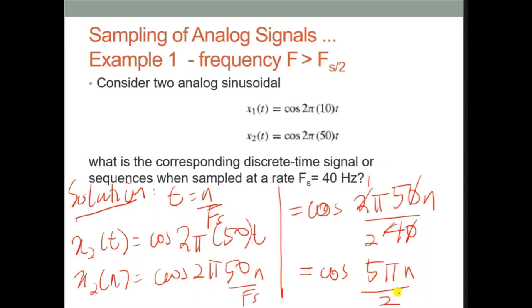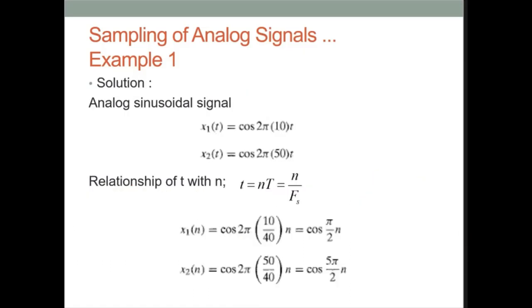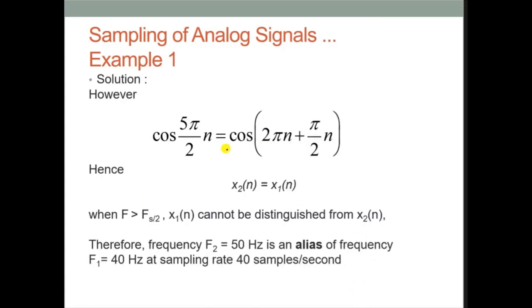So this is x2(n), and you have your discrete time signal. But look closely at x2(n). Cos 5 pi over 2 n gives you, it is similar to if you changed it to cos 2 pi n plus pi over 2 n.